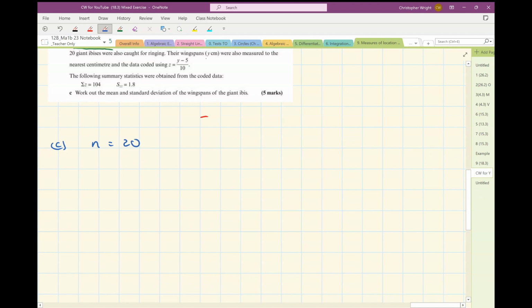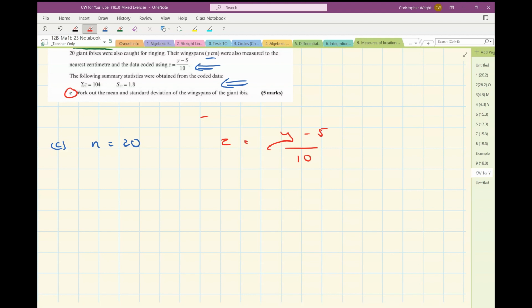Their wingspans, Y centimetres, were also measured and the data was coded. I'm given the total of Z and the summary statistic for Z. Let's just write down that Z is (Y minus 5) over 10. Work out the mean and the standard deviation for the wingspans of the giant ibises.